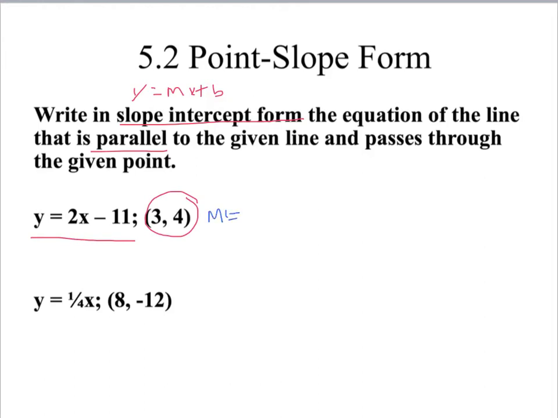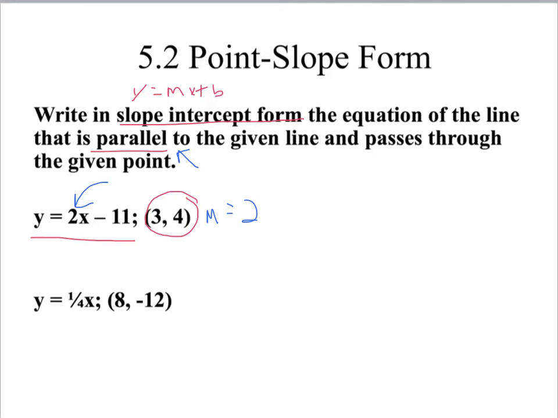Okay, so my slope for my parallel line is going to be 2. And the reason behind that is it tells me this slope right here. I look at that line, y equals 2x minus 11, for the slope, because the slopes are going to be the exact same if it is parallel. Okay, if it is parallel, slopes are the same.